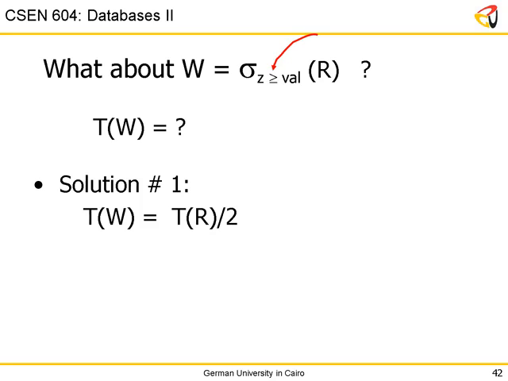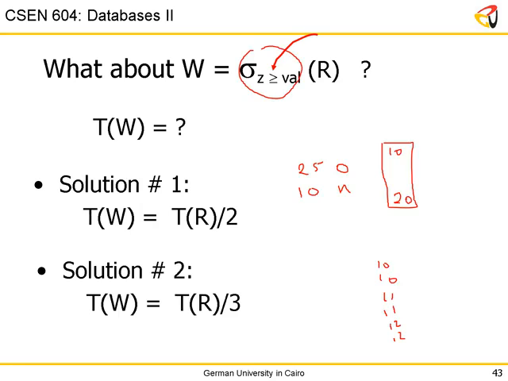The T of W, the number of tuples in W, is going to be half multiplied by T of R. A second solution that researchers also adopted, and some database engines followed, is that the size of W is going to be 1/3 of the input relation, so 1/3 multiplied by T of R. So let's try to rationalize where these ratios are coming from. In the case of half T of R, the rationale goes like this.